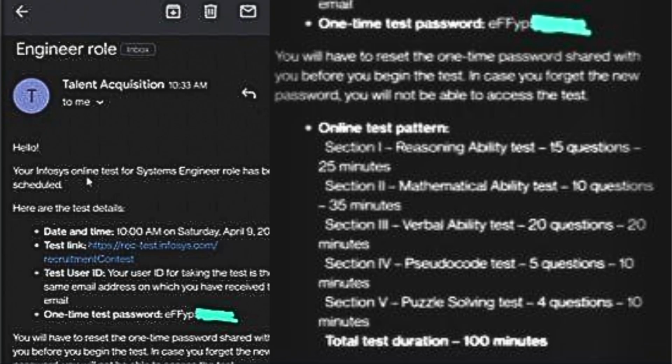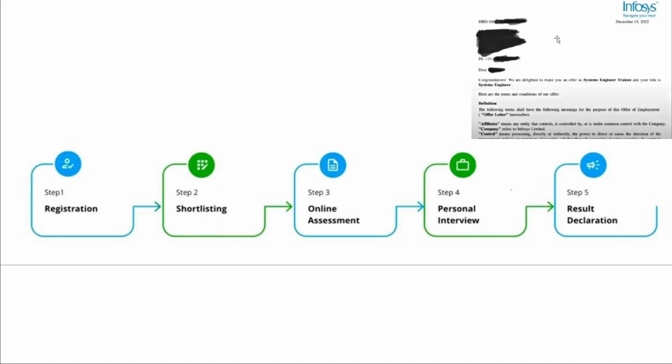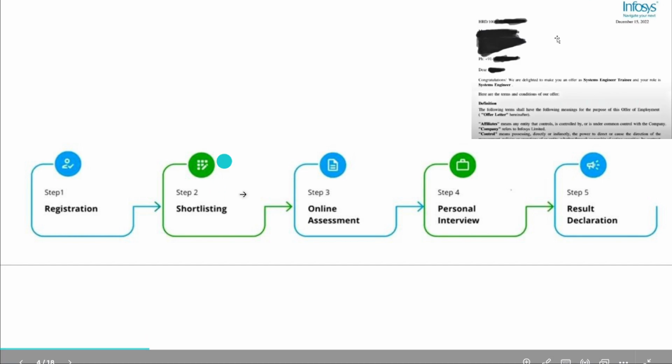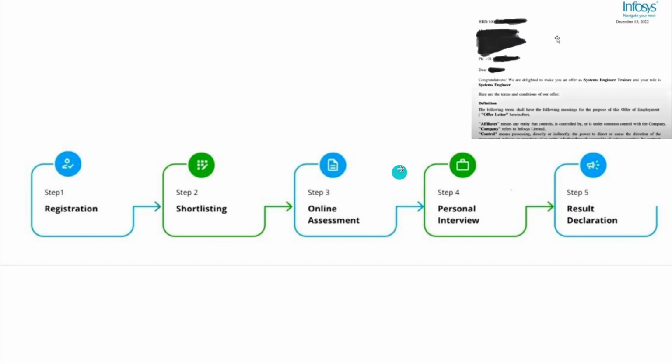So yeah, the screenshots are somewhere blurred. You can see registration is completed, the shortlisting process is completed, and now the online exam is starting. Whatever venue details you receive, that's not the exam mail.